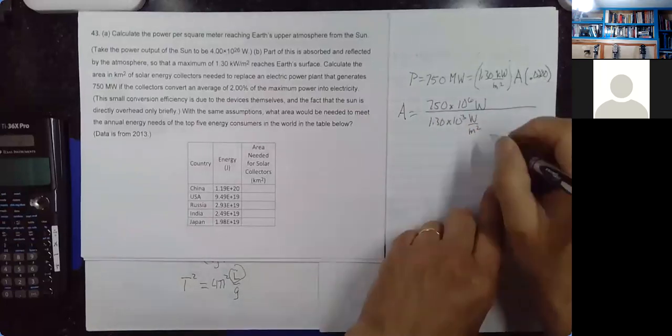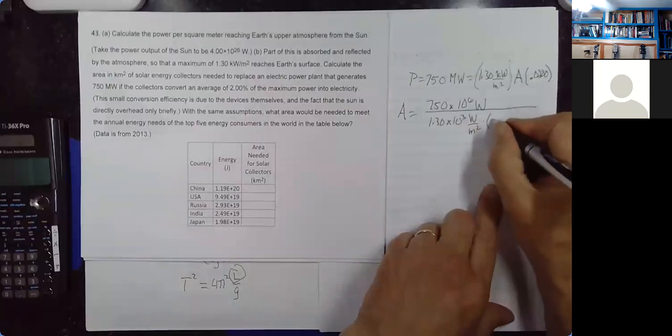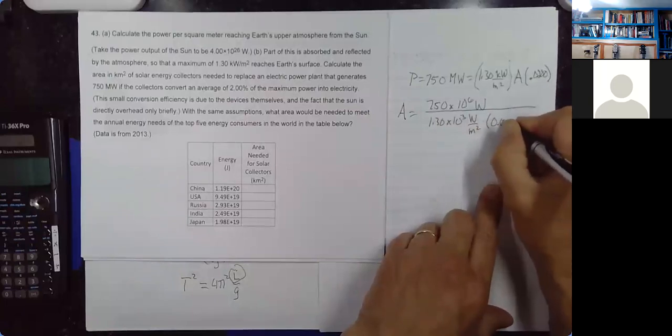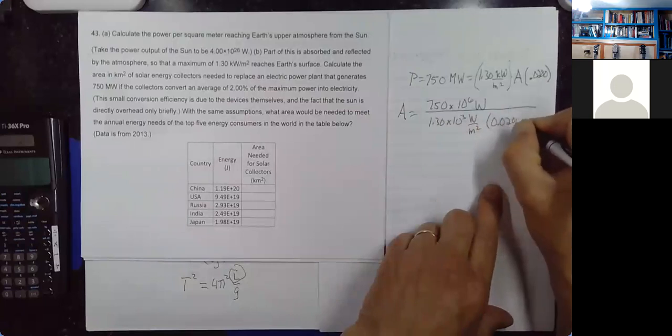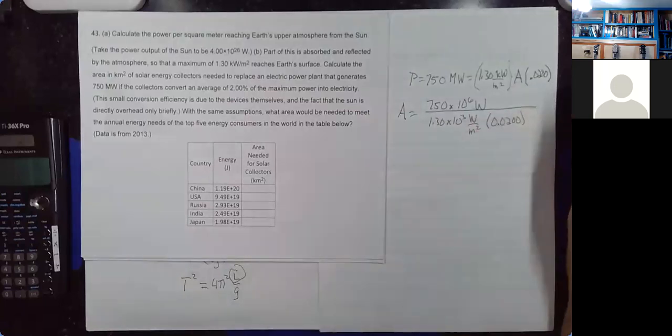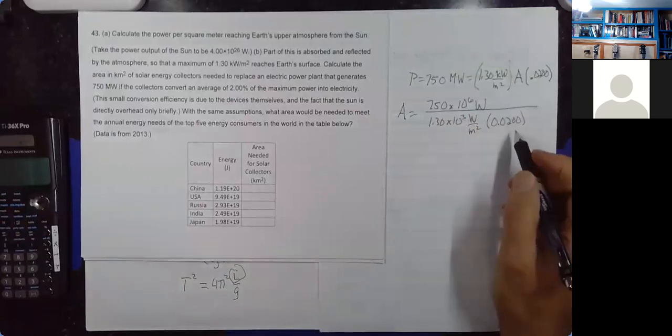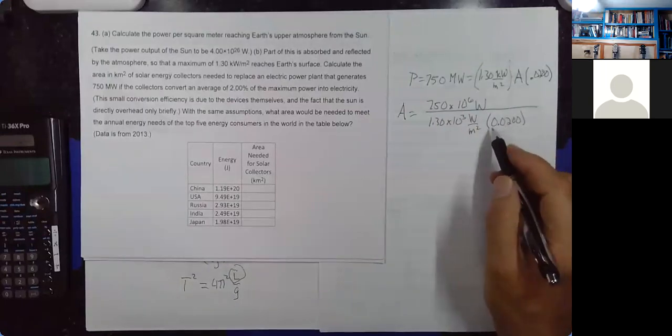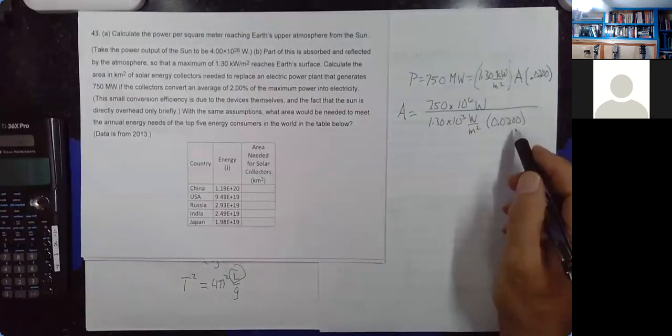And I also need to have this 0.0200 in here. Notice that this is a pure number, something without dimensions, and it's on the bottom of the fraction.